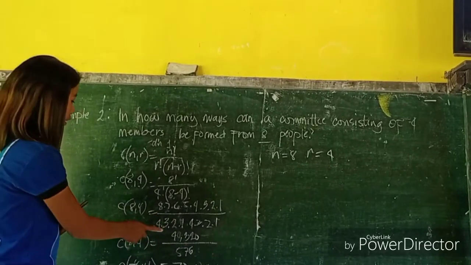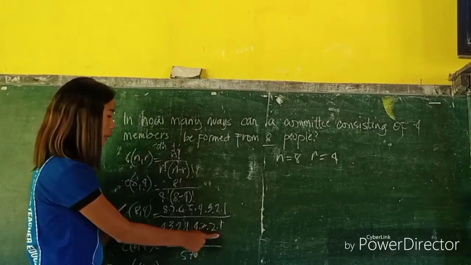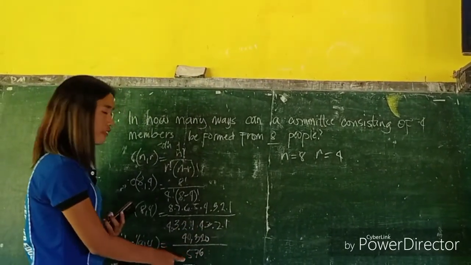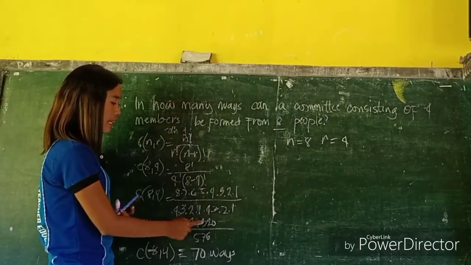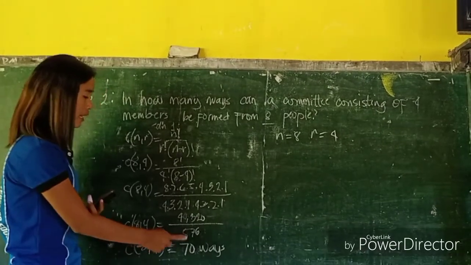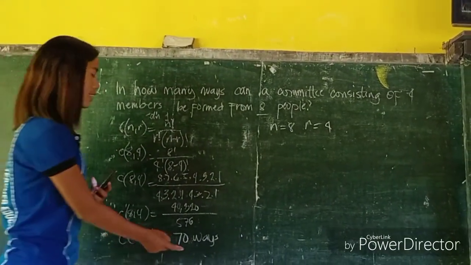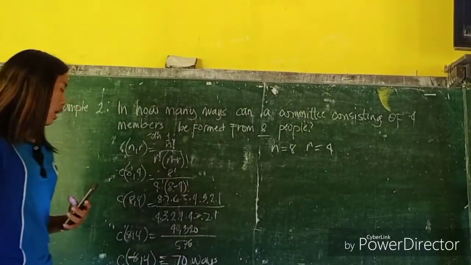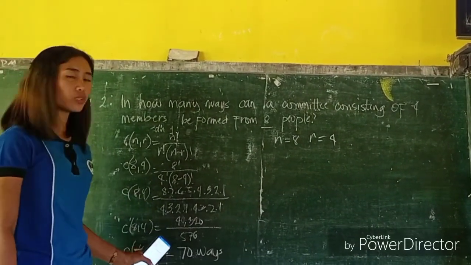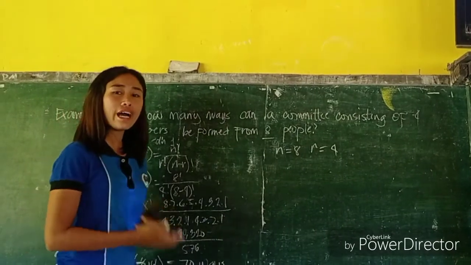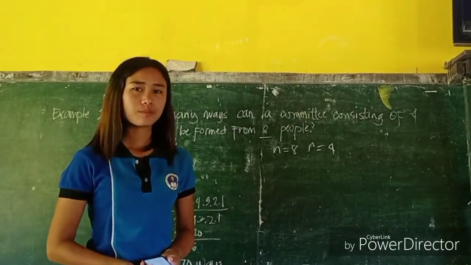And the answer for the denominator, multiplying these whole numbers, is 576. So 40,320 divided by 576 is equal to 70. So our combination of 8, 4 is equal to 70. So, we have 70 ways.